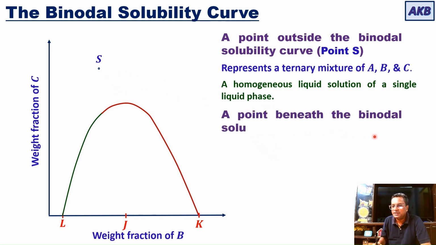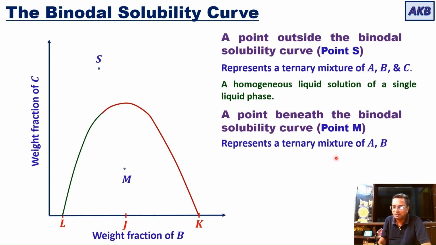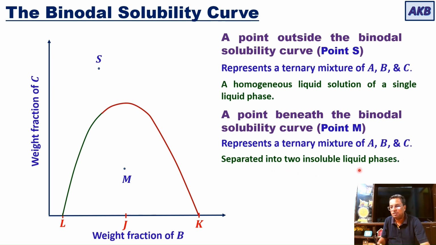Then a point beneath the binodal solubility curve, like point M, which now I am showing over here. What does this point represent? This point represents a ternary mixture of the same three components A, B and C, but in this case the mixture is separated into two insoluble liquid phases.